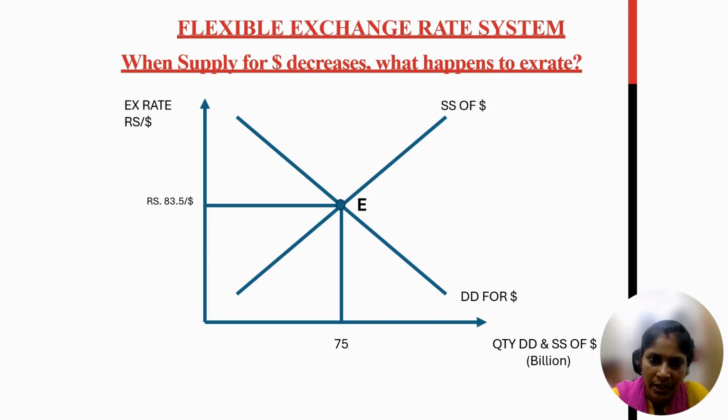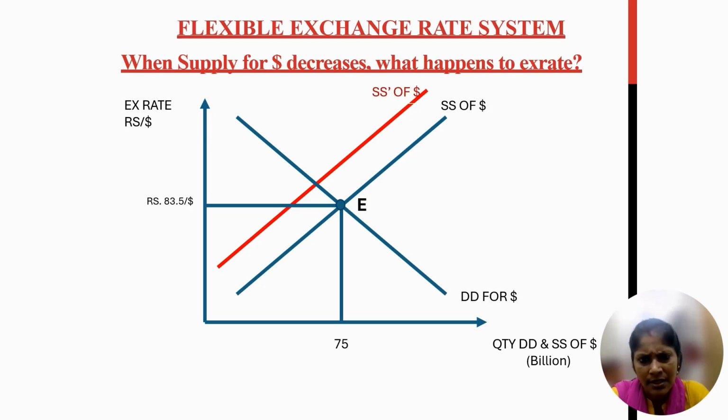So we are now explaining decrease in supply. So decrease in supply is towards the left side of the existing supply curve, SS dash of dollar, and this is due to the decrease in exports of goods and services, due to which the supply for dollar reduces.